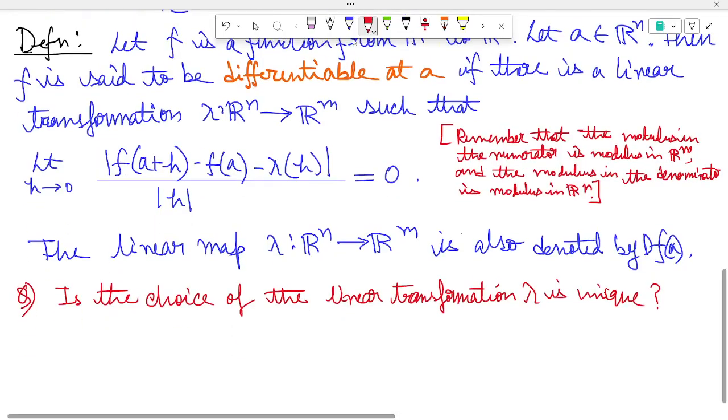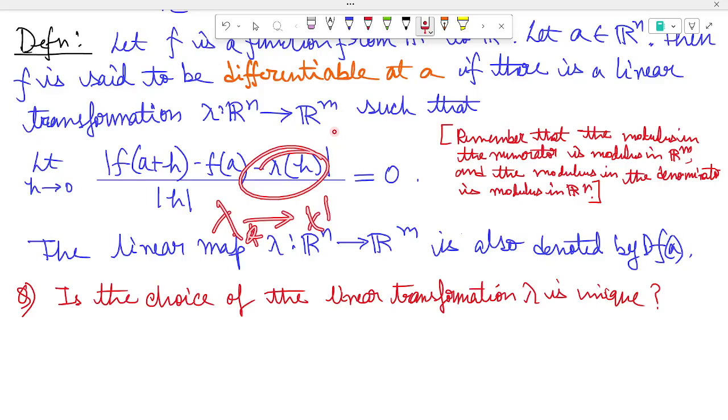If I can get another linear transformation, suppose lambda dash, such that the definition also holds for lambda dash, then it will be a problem, right?